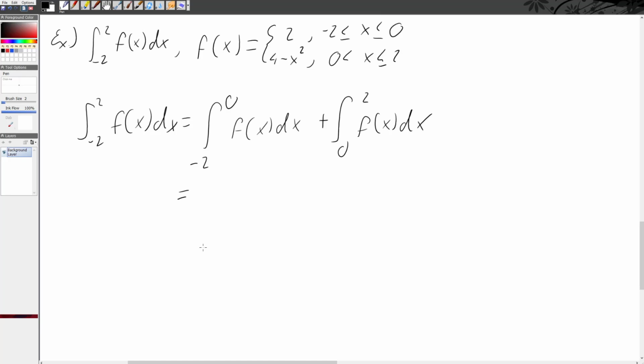Because this is a piecewise function, we can split it up and just take the integral of the individual pieces. The first piece, from -2 to 0, is just a constant function. From 0 to 2, the function is 4 minus x squared.